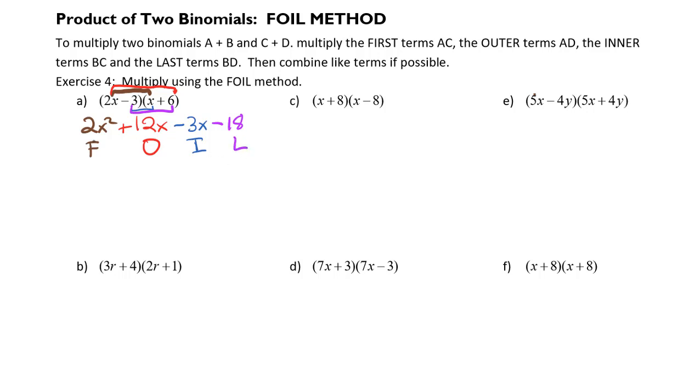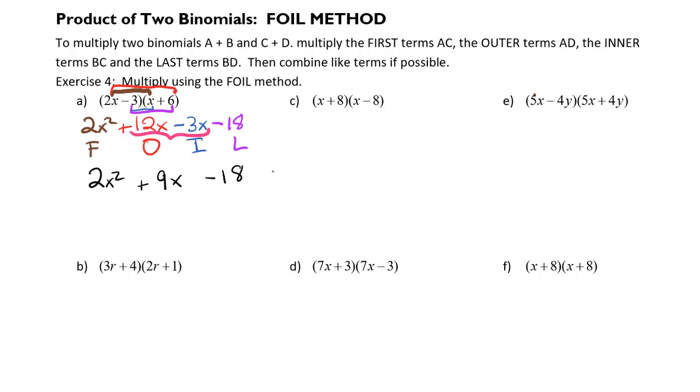This will give me FOIL. That's what it's known for. And then we can combine the middle two terms. So my final answer will be 2x squared plus 9x minus 18.